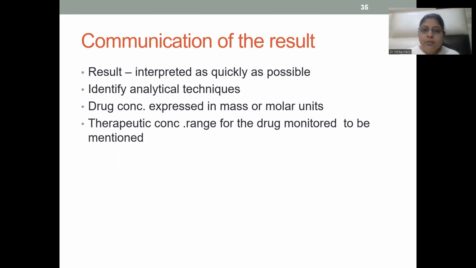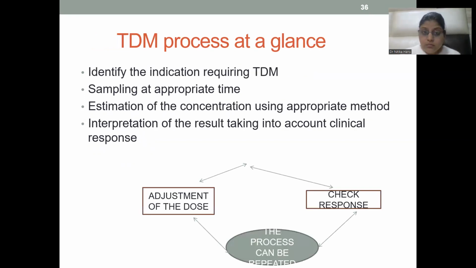It should identify which technique was used for the drug concentration measurement in therapeutic drug monitoring, and the drug's concentration should be expressed in mass or molar units. The therapeutic concentration range for the drug monitored, this therapeutic window, should be mentioned.